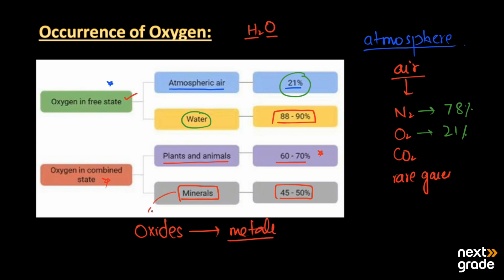Basically, ores are minerals that contain a considerable amount of metals, and we have to remove that oxygen. So this oxygen is also usable after a simple process of metallurgical operations. So this was a simple occurrence of oxygen in Earth's atmosphere.